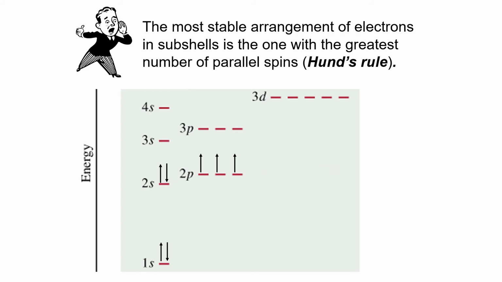If we look at nitrogen, we add 1 more, same spin. Go over to oxygen, which we did look at, now we're starting to pair those electrons. Fluorine, we pair 2 sets, and then finally neon, we fill that p subshell completely. So that's Hund's rule.